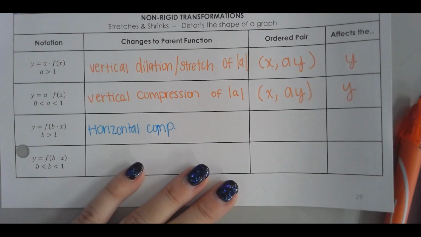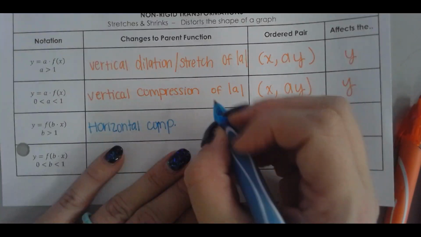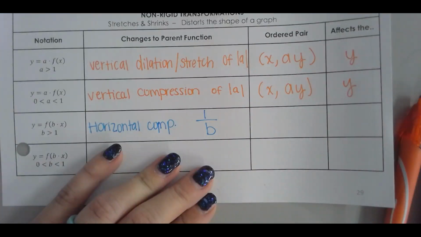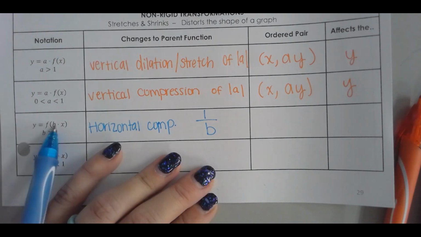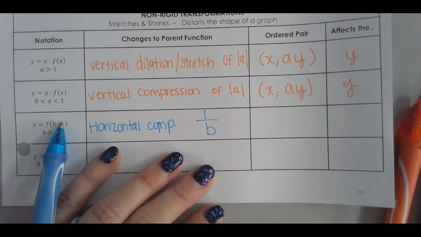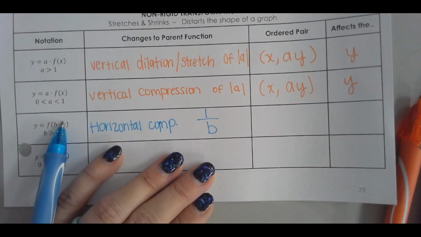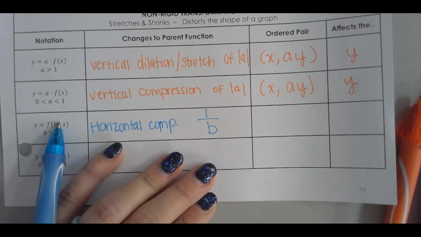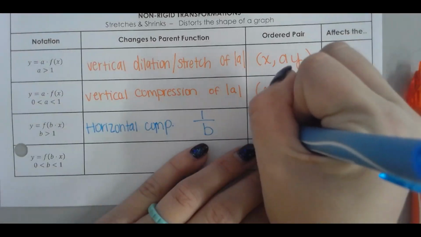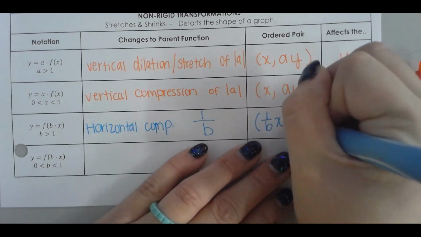And in front of my x, I would say it's a horizontal compression of 1 over 2 or 1/2. Okay. And so we do 1 over b times x and then our y.